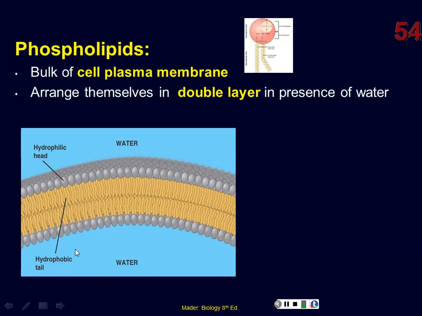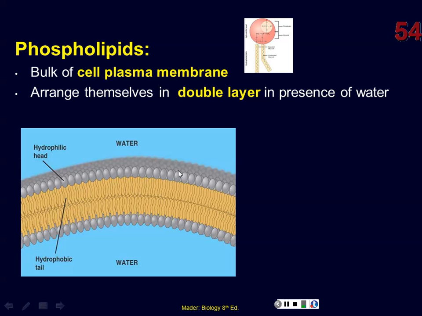With this area right here being inside the cell, this area out here would be outside the cell. So this would be the plasma membrane. This is the covering over every cell in your body. You see, here are the heads of one layer and the tails. So this makes up one layer.